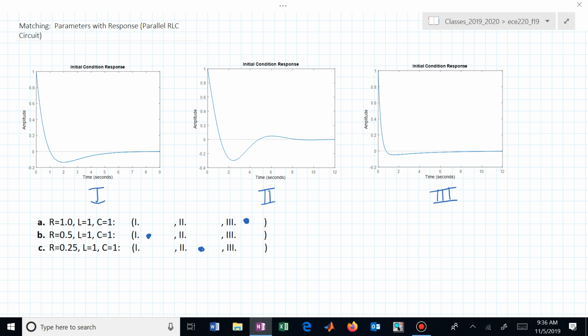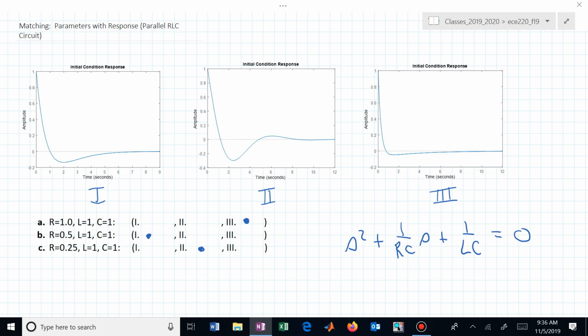So how can we maybe think about this? Did you write down this equation and then find the roots of that?